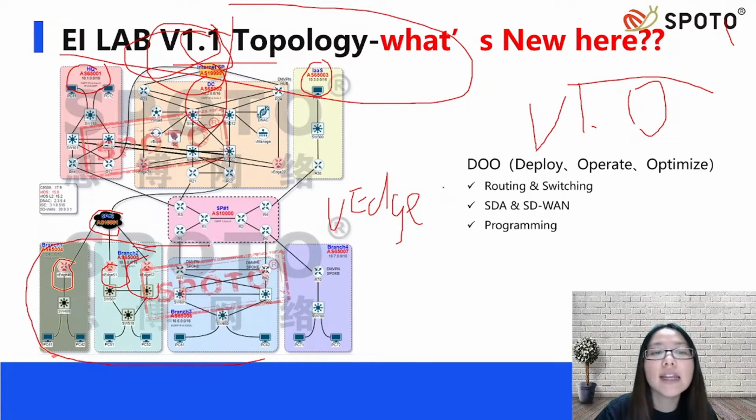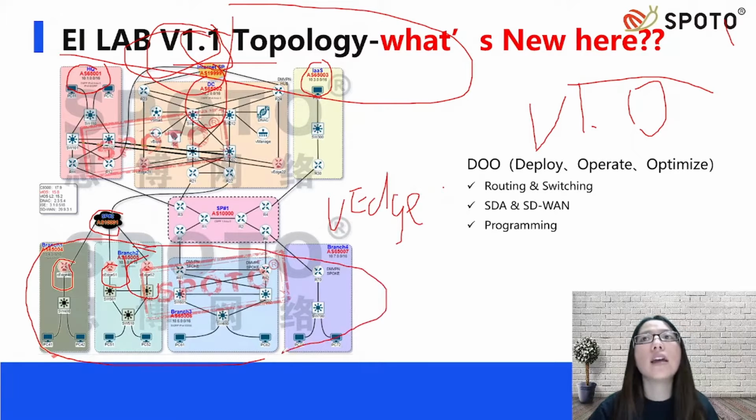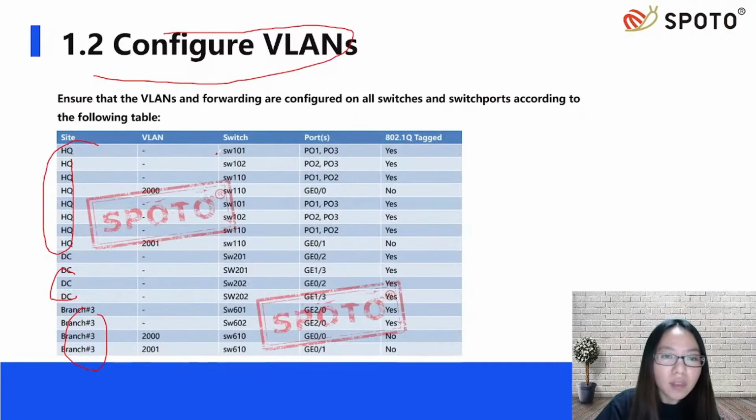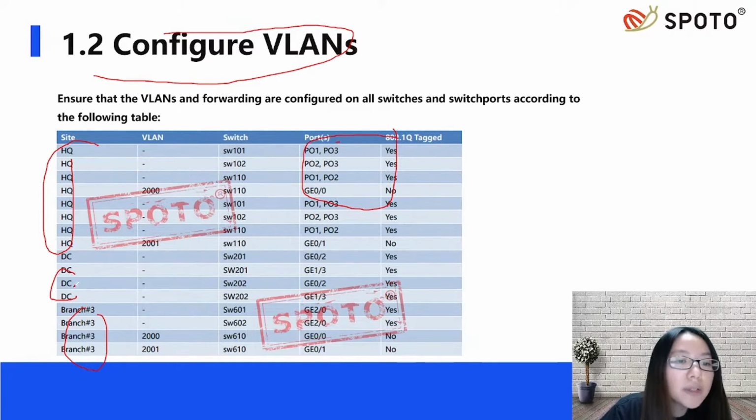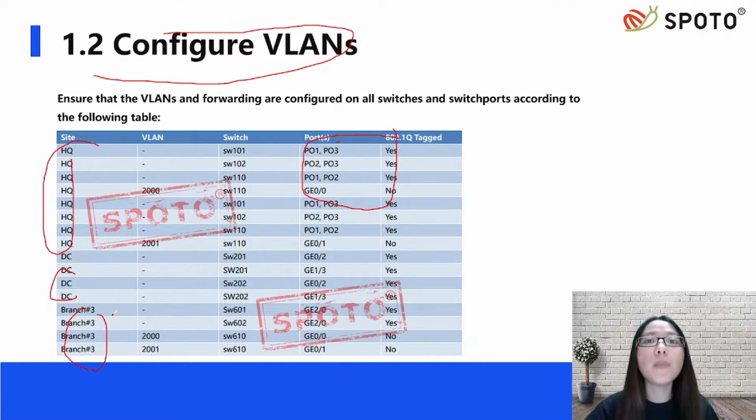It's basically the same as the old version, so it's very simple for us to configure. We just need to configure the VLAN and the VLAN trunk on Ether trunk port 1 and port 3, in HQ, DC, and branch 3. This part is very simple. We only need to configure VLANs according to the question requirement.